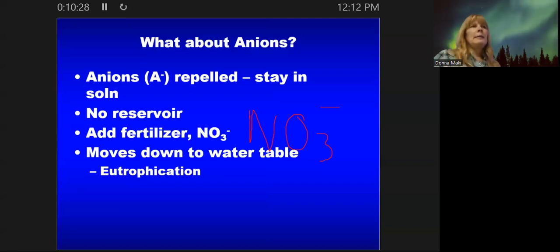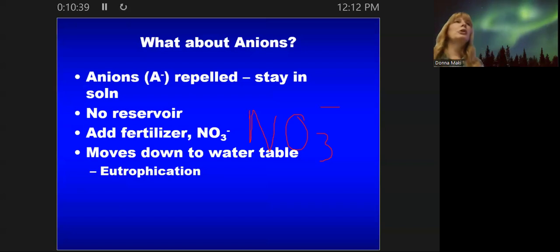So eutrophication, a great way to have that happen is fertilizer runoff from ag fields. That's a big culprit. It puts too much organic matter essentially into the water systems. And then you get these blooms, harmful algal blooms, you get cyanobacterial blooms.